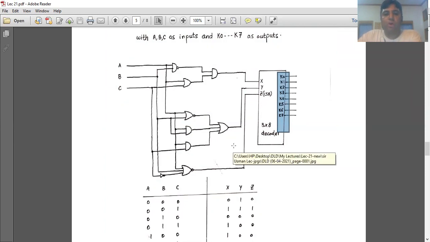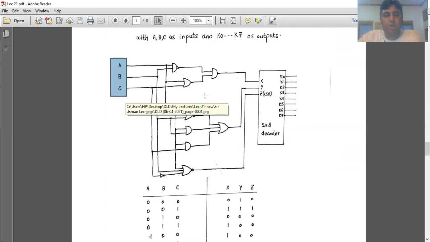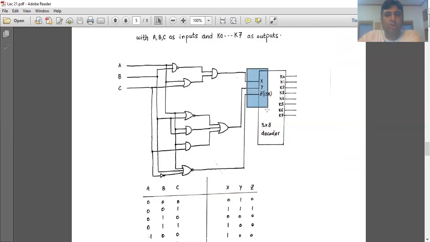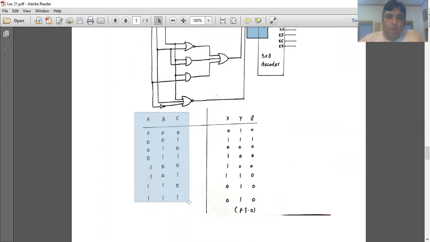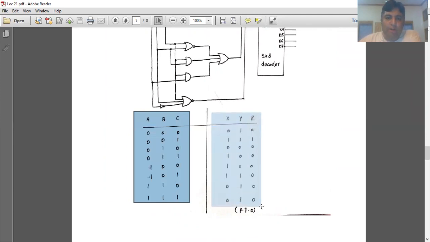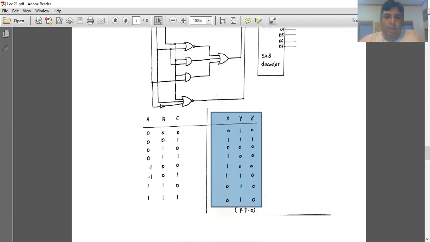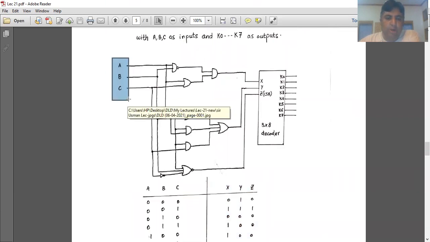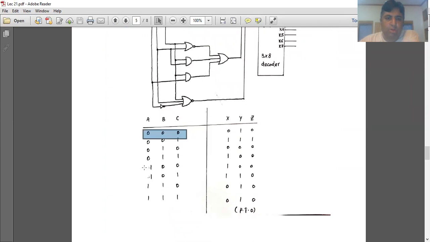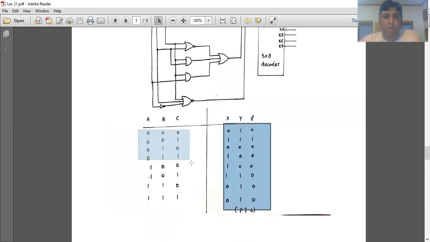First of all, you will have to establish a relation between the inputs ABC and the inputs XYZ of the decoder. So you will make a truth table of ABC corresponding to XYZ. You will list the 8 combinations of A, B, and C, that is 000 to 111, and then the corresponding values of X, Y, and Z for each combination.